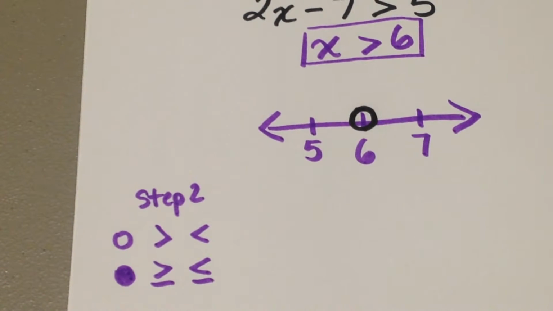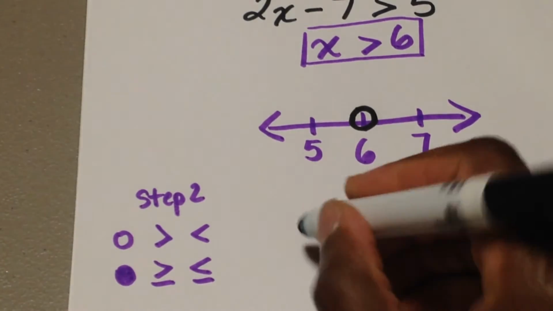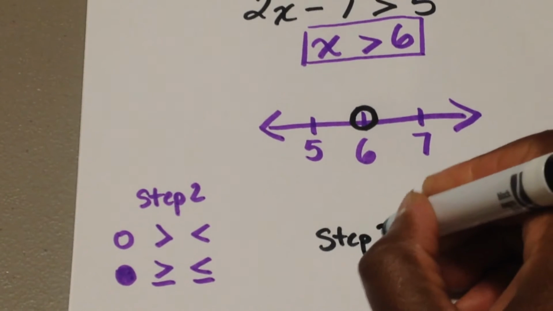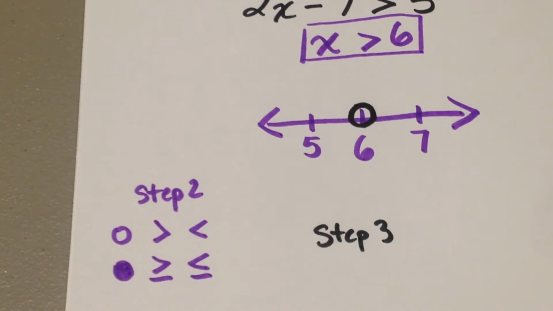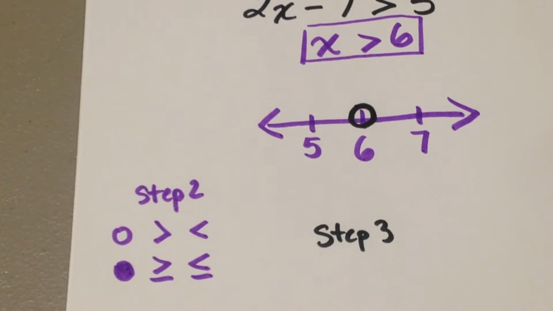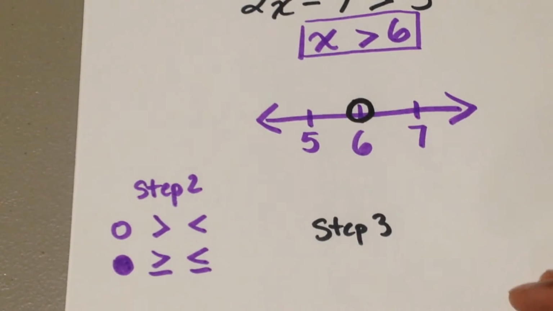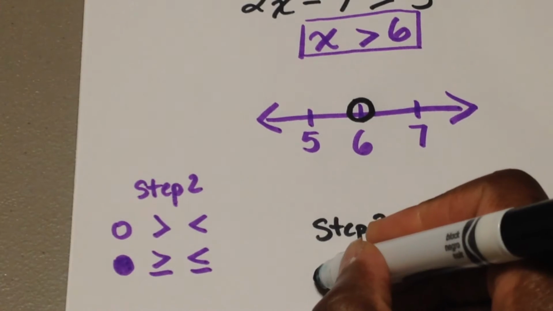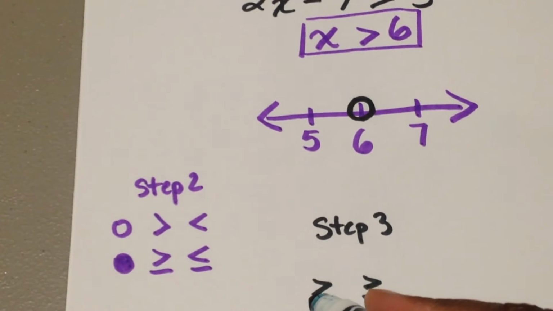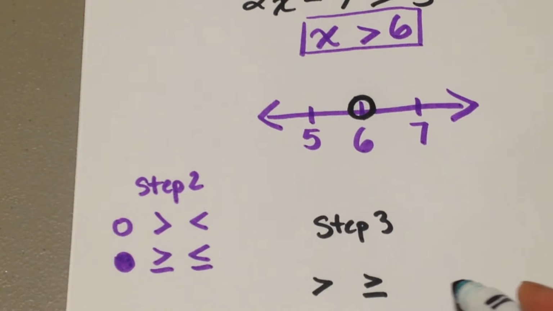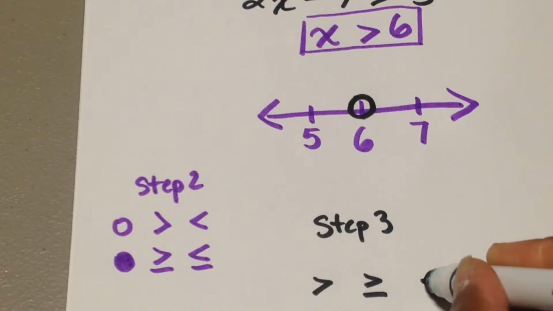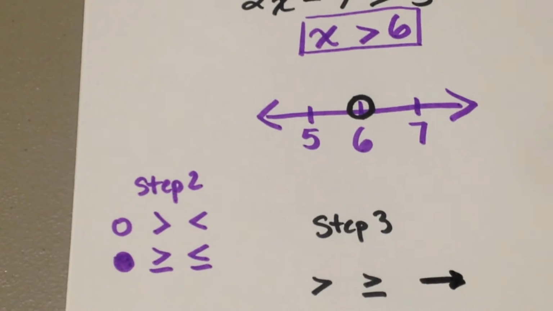Step 3, we're going to create an arrow that moves in the direction of the solution set. If it is a greater than or greater than or equal to symbol, the arrow points in this direction, so I'm going to make an arrow that also goes in that direction.